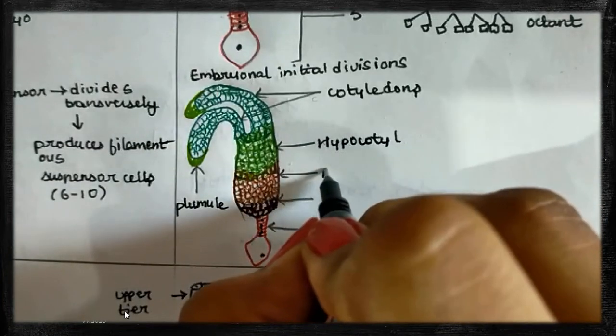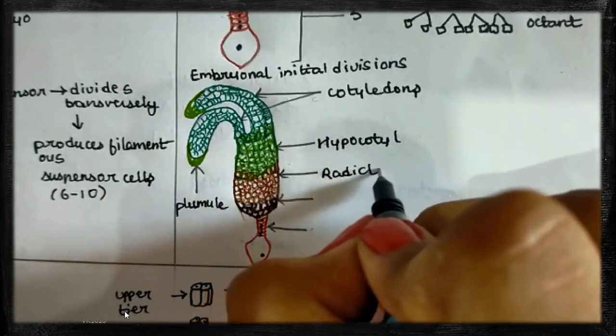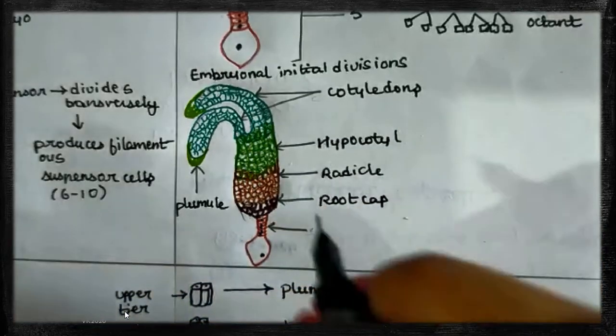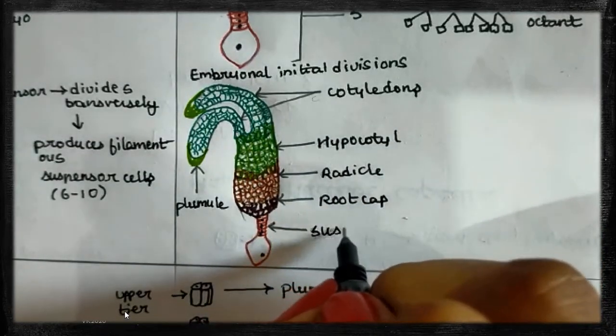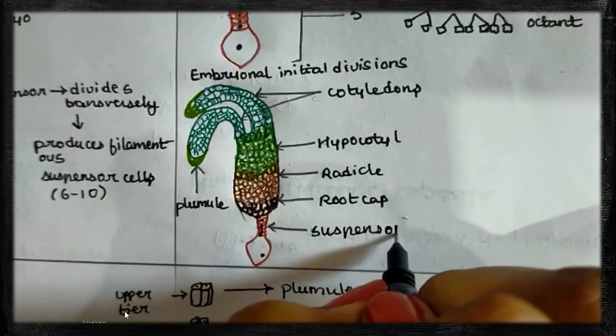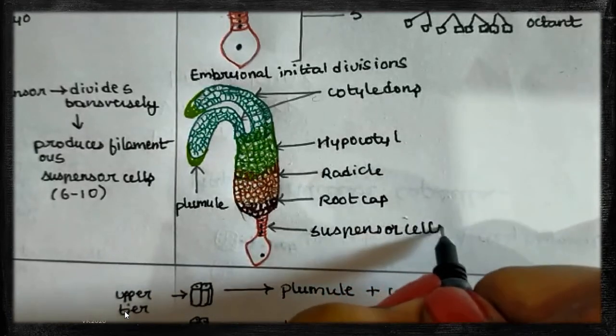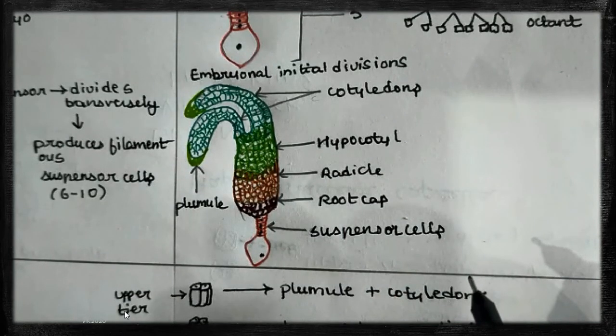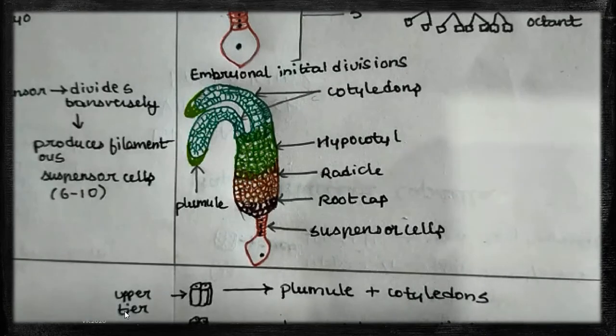These cotyledons form the outer layer of the seeds, and then there is a hypocotyl region, then there is a radicle region and a root cap region, and finally the suspensor cells, which help push the embryo into the endosperm.